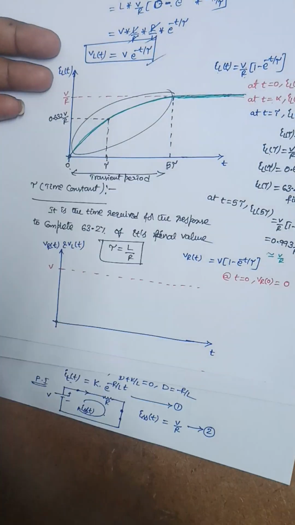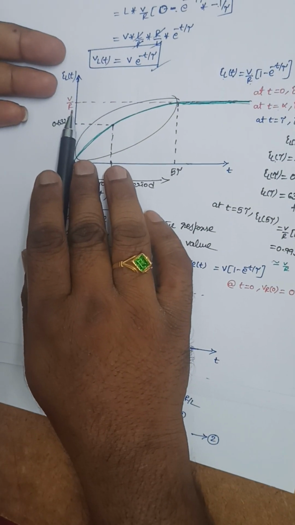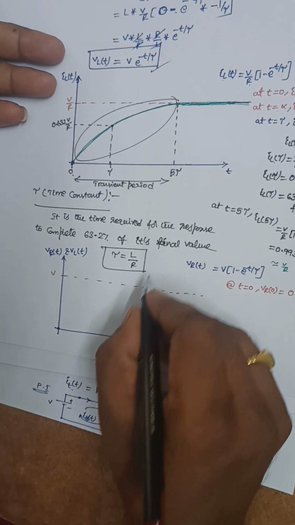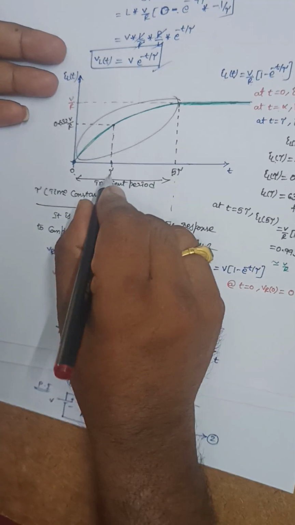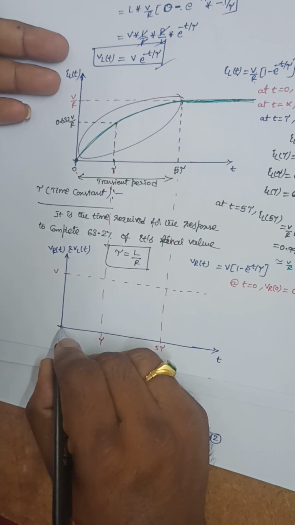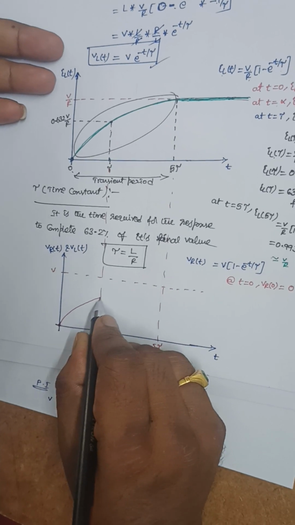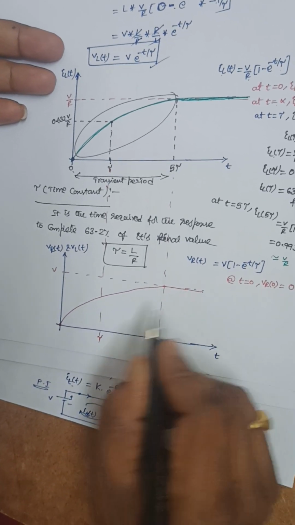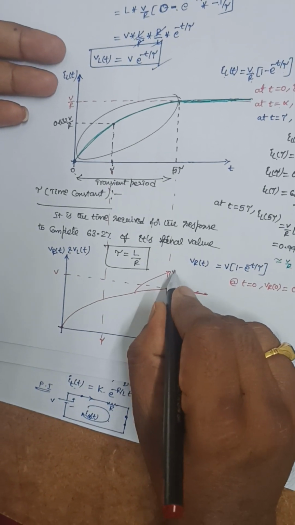Because it is the same expression, just the magnitude changes here. Instead of V by R here, it is V now. So it is five tau, let us assume it is tau, five tau. Then this expression will be like this only. Okay, this is the curve, it is VR of t.